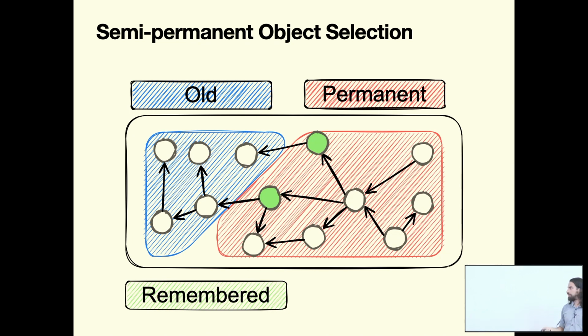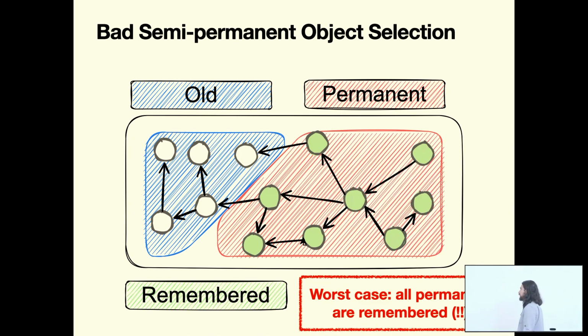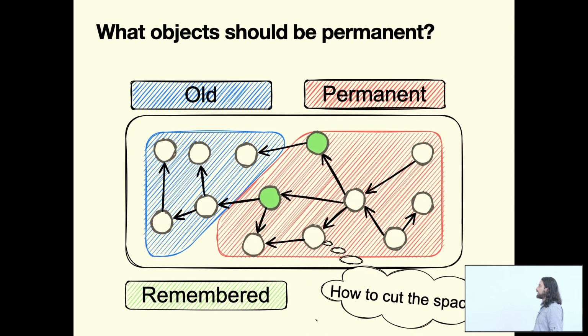In the worst case, of course, as I said before, if we do a bad selection, and here the arrows are not necessarily representative, but the point is that if we do a bad selection of objects, we can have a worst case where all the objects that we selected will be remembered, and then we didn't win anything. So we need to have a good selection of objects where we minimize the remembered objects. So the question is really, how do we cut this space? How do we discern, okay, you are going to be there, and you're going to be here?